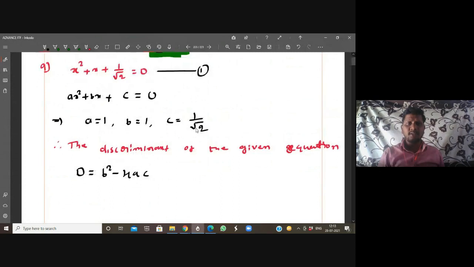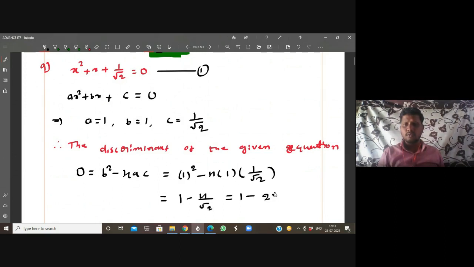What is the discriminant here? B square minus 4ac, b value is 1 square, 4 times of 1 into 1 by root 2. So we have to check whether it is, yeah, what about your 4 by root 2? Nothing but 1 minus 2 into root 2 into root 2 by root 2.